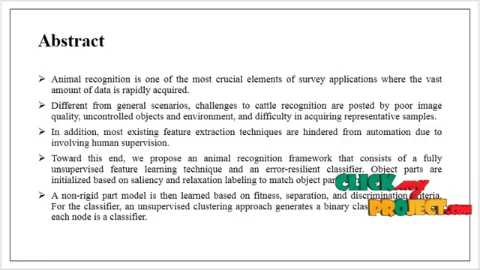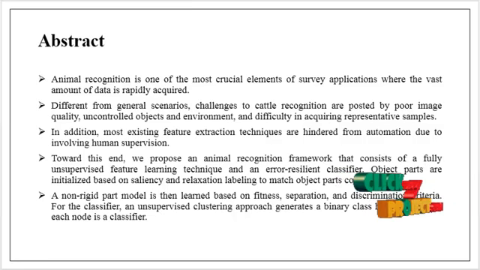Towards this end, we propose an animal recognition framework that consists of a fully unsupervised feature learning technique and an error-resistant classifier. In this process, object spots are initialized based on saliency and relaxation labels to match the object spots correctly.